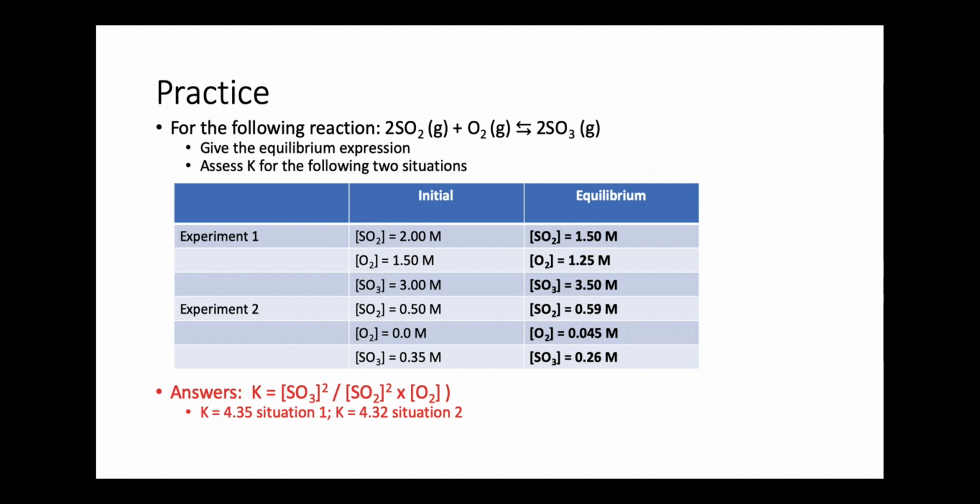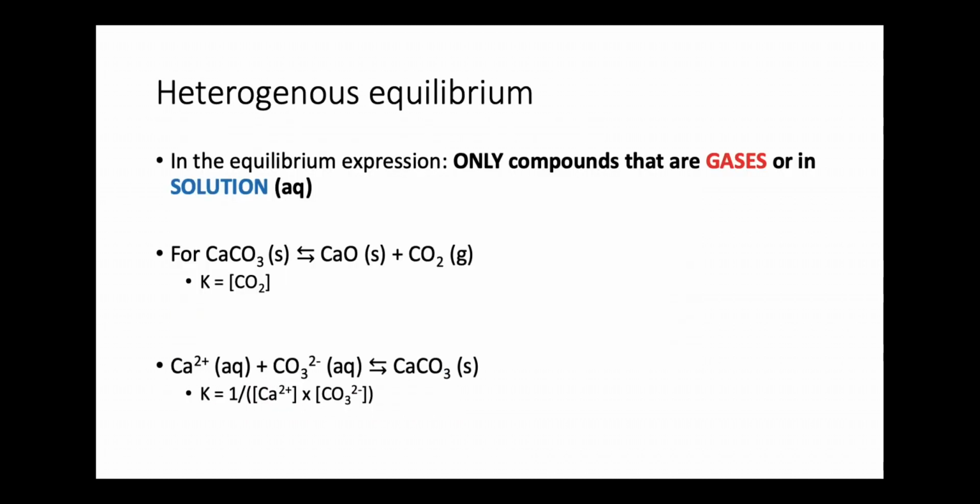Important to remember. So one more thing I wanted to show you about heterogeneous equilibrium. When I want to set up my equilibrium expression, I'm only going to include gases or solutions, so ions in solution. If I have the following, calcium carbonate as a solid in equilibrium with calcium oxide solid plus CO2 as a gas, so my K expression, products over reactants, my product is CO2. I'm not including these solids, so it's only CO2 that's included. So now I have a precipitation reaction.